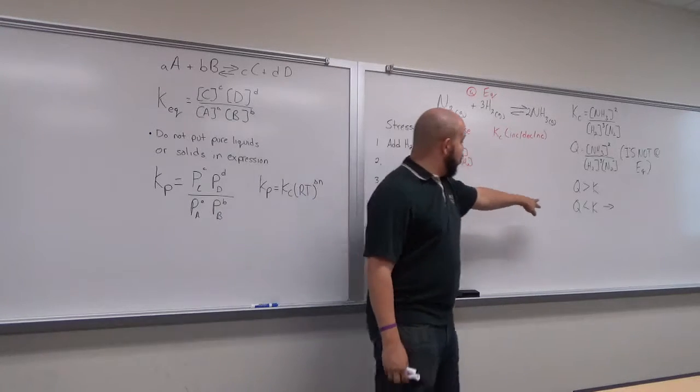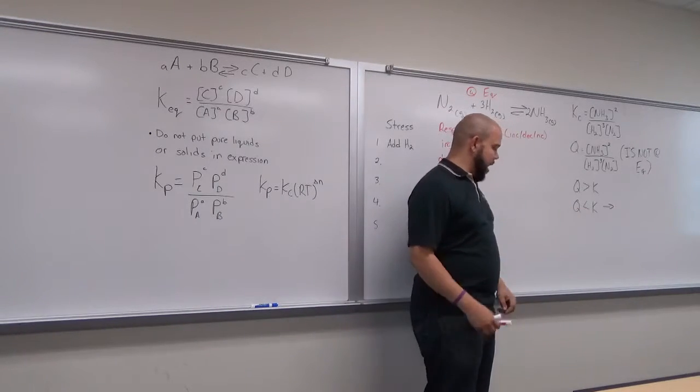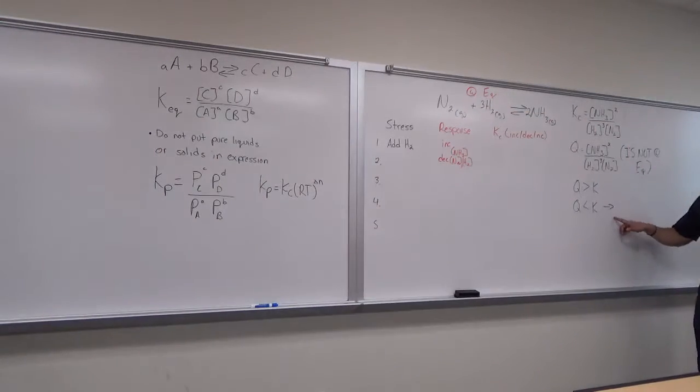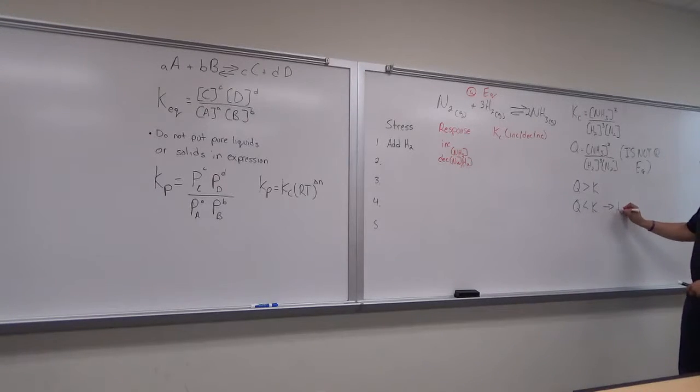So when Q is less than K, we're going to have a shift which way? Decreases product, increases reactants. Right. So the shift when Q is less than K is towards product. However you want to remember that can be basic Le Chatelier, or you can also think of it in terms of Q. You've got two different ways to think about it.